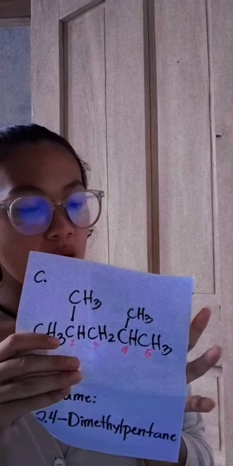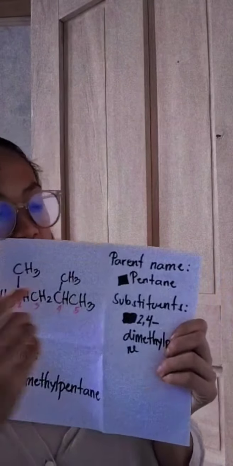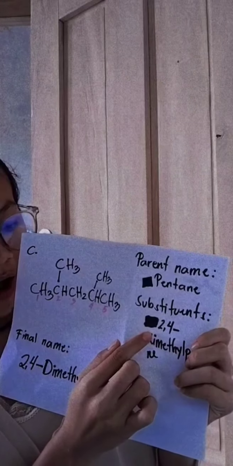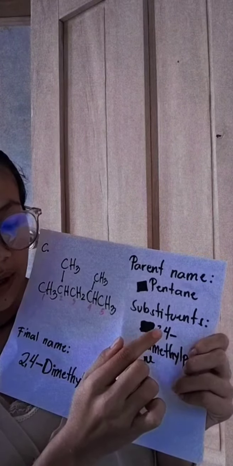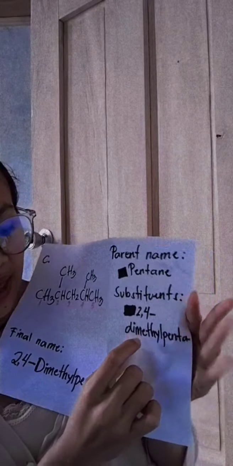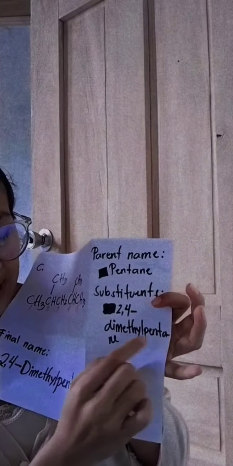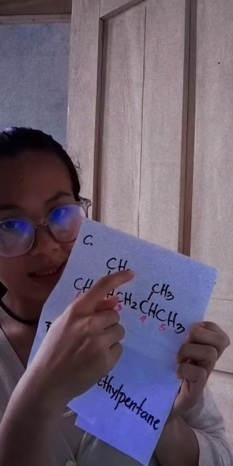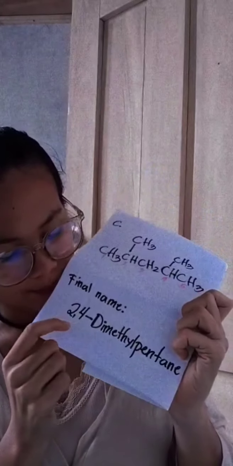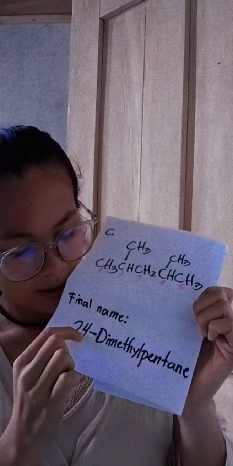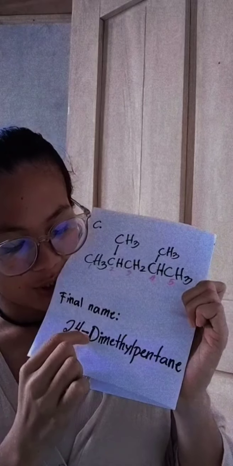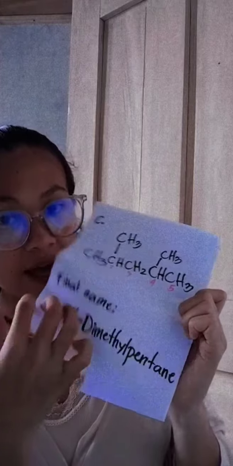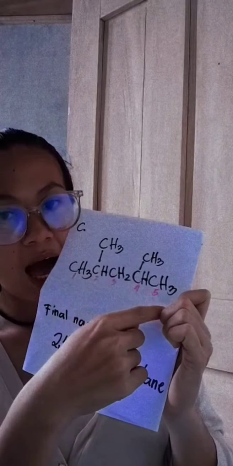We already identified the parent name, which is pentane, and the substituents are 2,4-dimethyl. Therefore, the IUPAC name of this alkane is 2,4-dimethylpentane. This is the IUPAC name of this alkane.